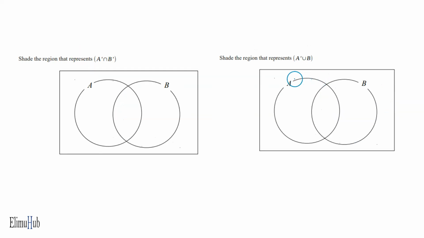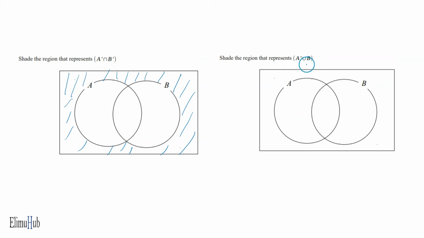Shade the region that represents A complement intersection B complement. What does that mean? A is not allowed and also B is not allowed, which means we are left with the region that's just outside these two circles. Okay, shade the region that represents not A but B is allowed.